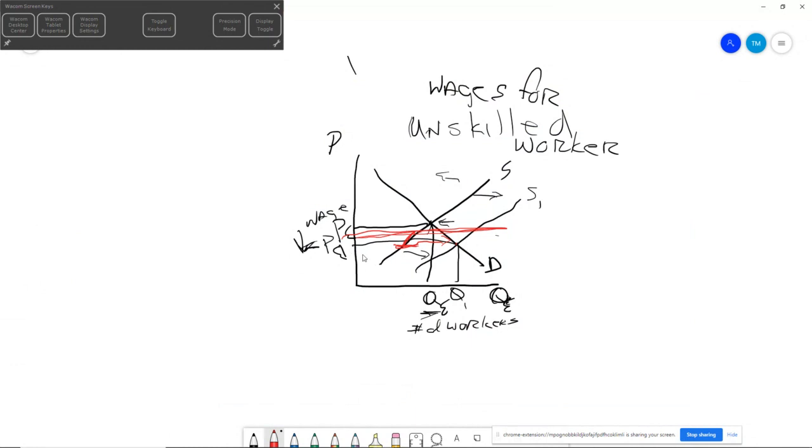We have a new equilibrium. And the businesses, they're going to take what the market establishes as the value of the product of labor. If there's more individuals coming in, the better.